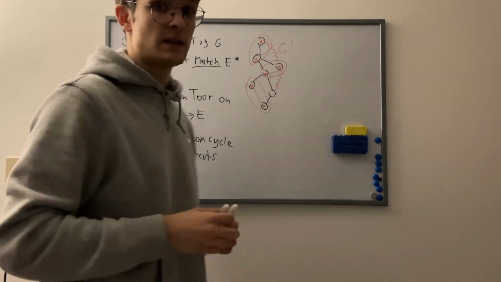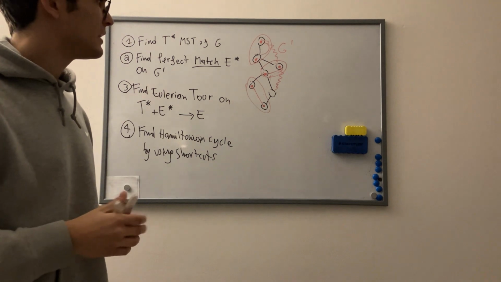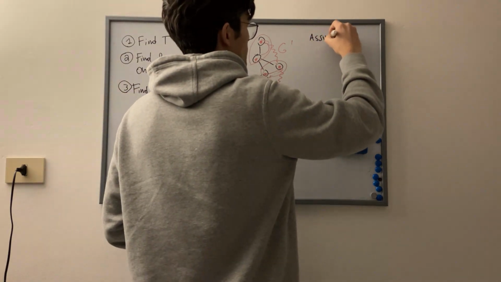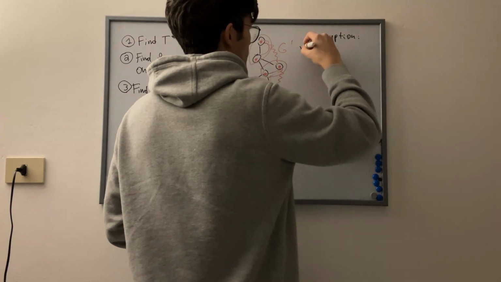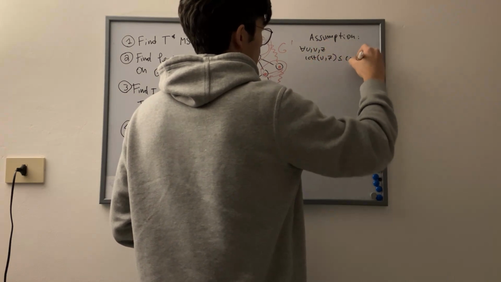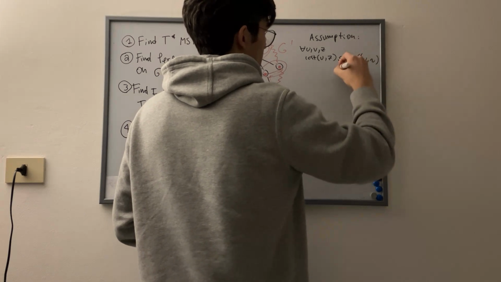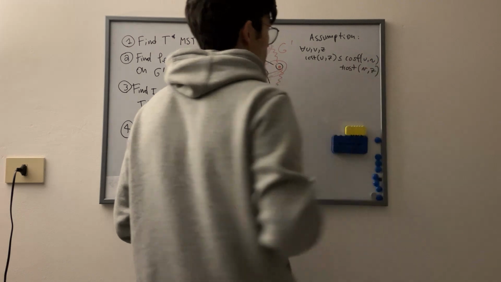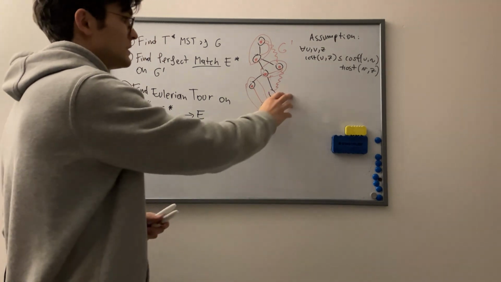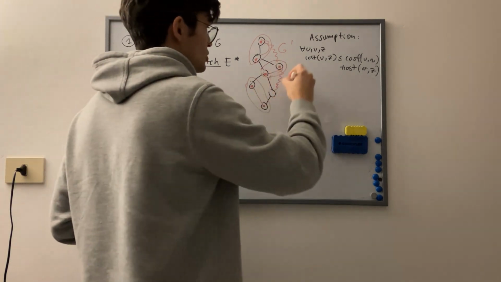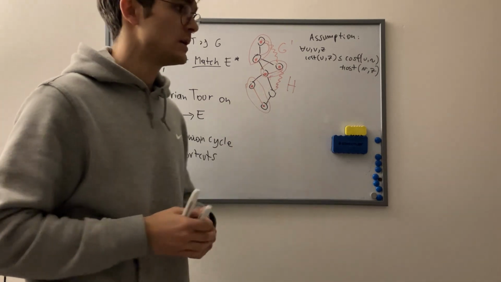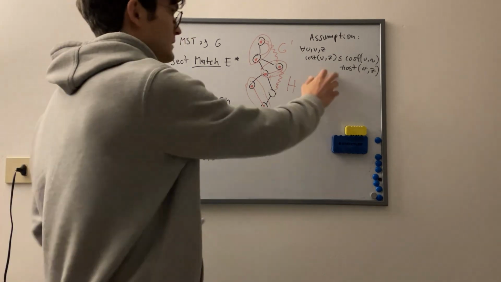A thing that I haven't said at the beginning of the video is that because of this thing with the shortcuts, an extra assumption that we make is that for each U, V, and Z, the cost of going from U to Z is less than or equal to the cost of going from U to V plus the cost of going from V to Z. This is something that we assumed also for the two approximation algorithm, and in this case it's exactly the same, because we want to say that this Hamiltonian cycle that we found, which we call H, has a cost less than or equal to the cost of E. This is something that we want to say in our proof, so that's why we assume this.